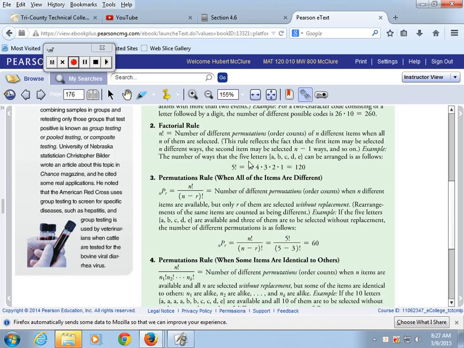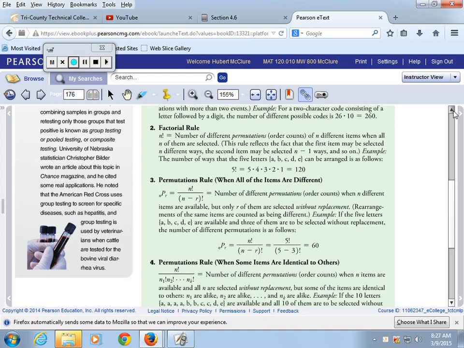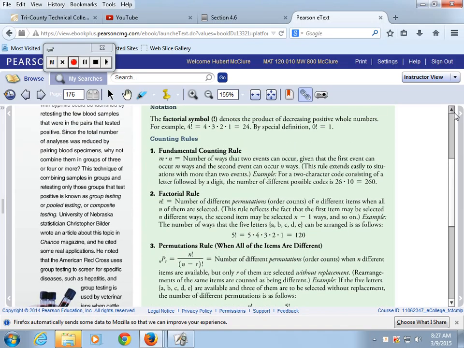Okay, factorial rule. Well, okay, these two rules right here I want you to remember. Fundamental counting rule and the factorial rule. I've already went over the factorial rule, but they'll give you an example, and that basically helps you out.